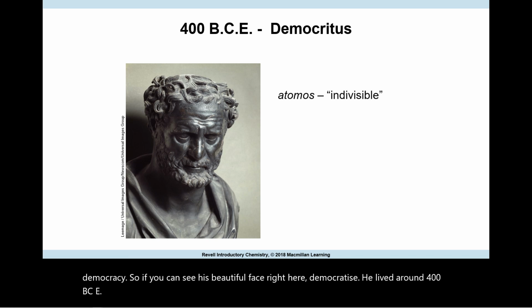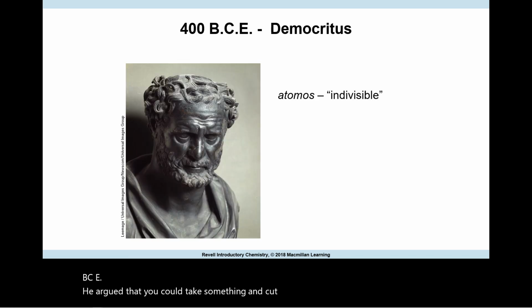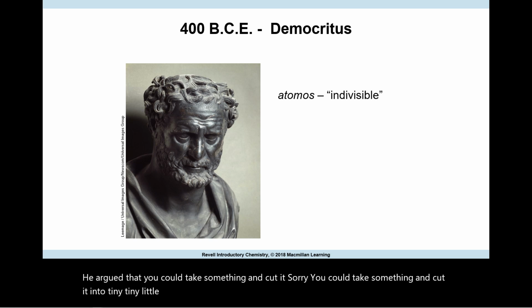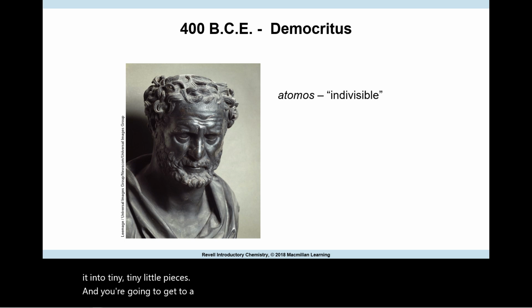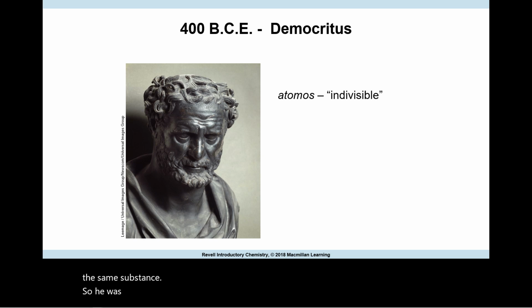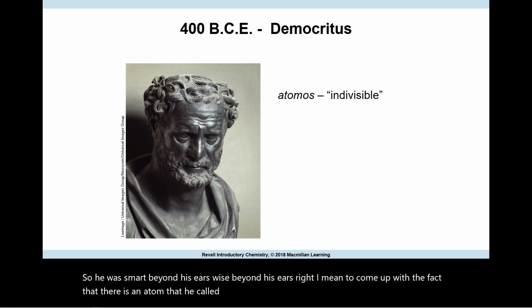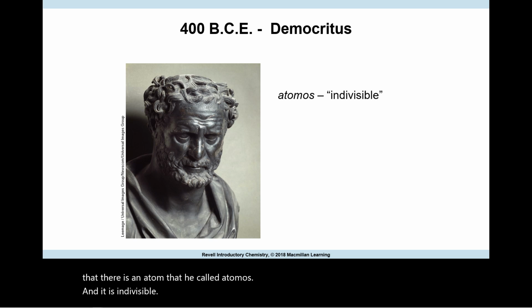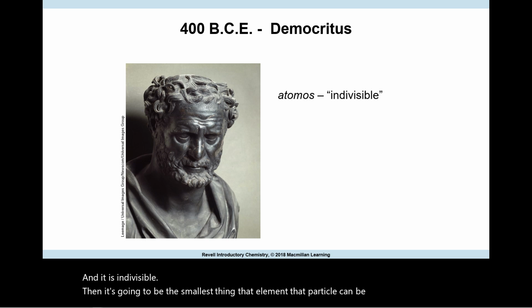He argued that you could take something and cut it into tiny, tiny little pieces, and you're going to get to a point where you can no longer divide that piece and still have the same substance. So he was wise beyond his years, right? To come up with the fact that there is an atom that he called atomos and that it is indivisible, the smallest thing that particle can be made out of in 400 BCE. I mean, wow.